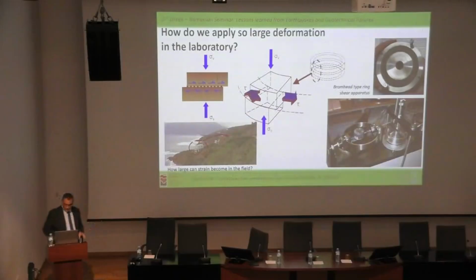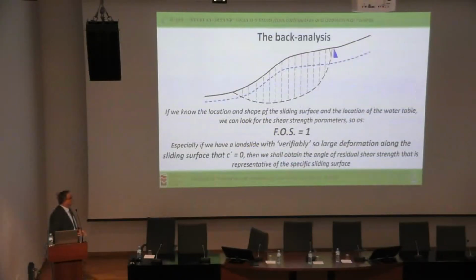Of course, any presentation on landslides does not end itself unless it talks about the back analysis. The back analysis is the analysis where we have managed somehow to locate with our inclinometers, with our mapping, a good estimate of our sliding surface, and provided that our landslide has moved enough, we can reasonably assume that it has a zero cohesion intercept and only a single value of a residual angle of shearing resistance that we can find by trying to calculate a factor of safety equal to 1.